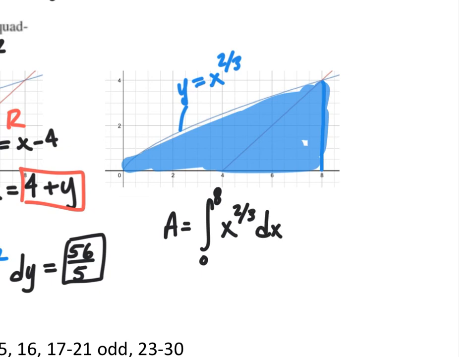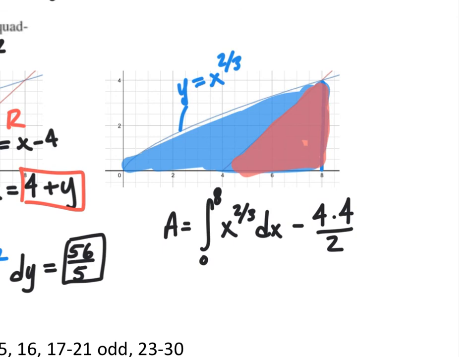But then what I notice is that the area created here is just a triangle. I could take the entire area and then subtract off this triangle, and that will leave me with the remaining area. You can just use geometry: this is a 4 by 4 triangle, so its area is 4 times 4 all divided by 2.